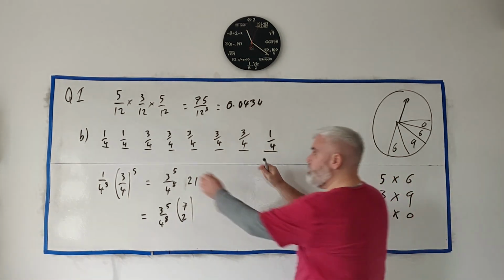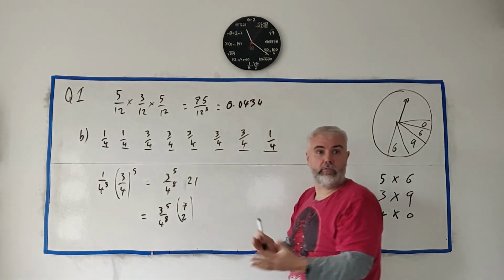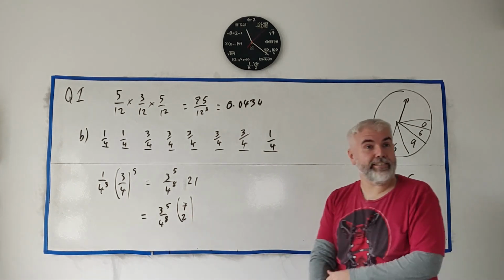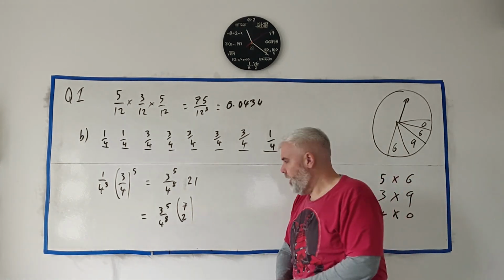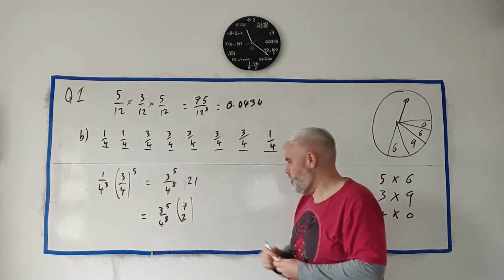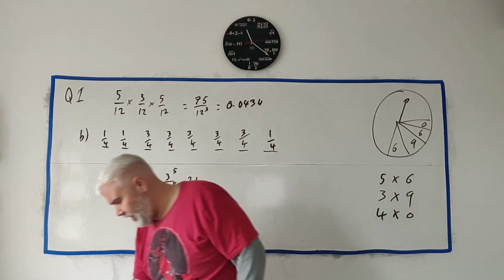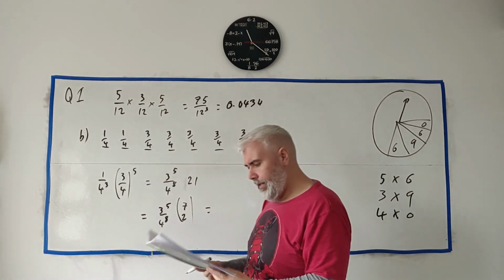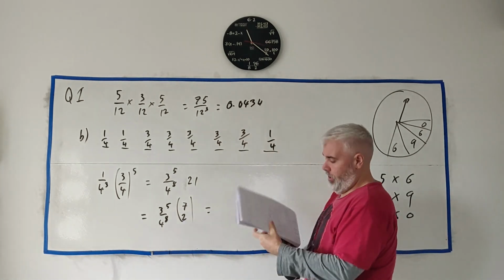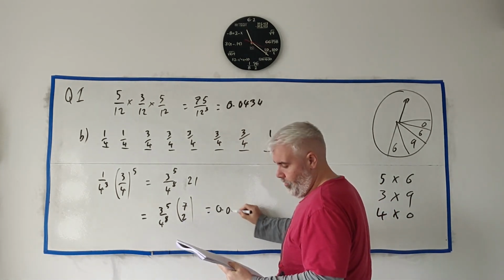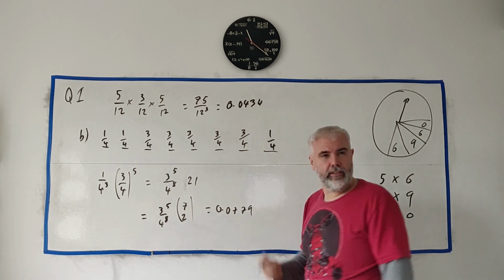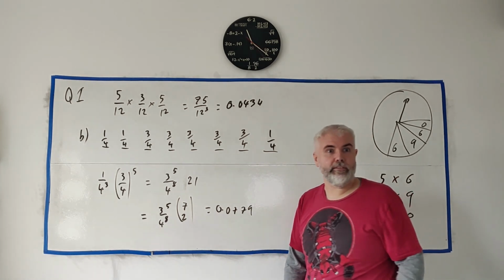You have 7 spots, 2 things can go, and there's how many different ways that can happen is 7 choose 2. So whichever way you got that 21, that's what you need to do. Put all that into a calculator, and I think this is the answer here. 0.0779. They also wanted 4 decimal places.